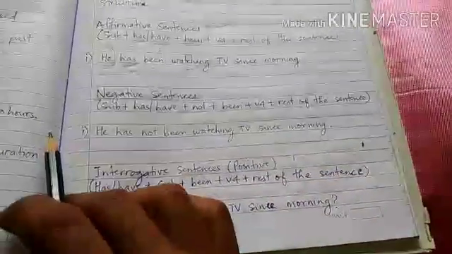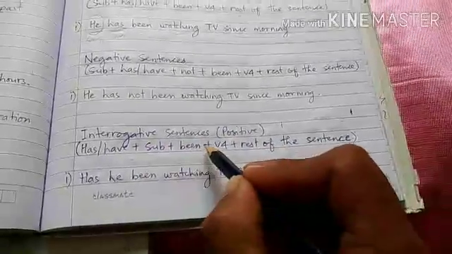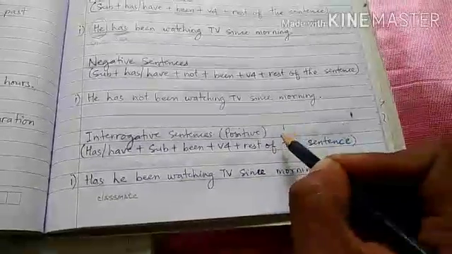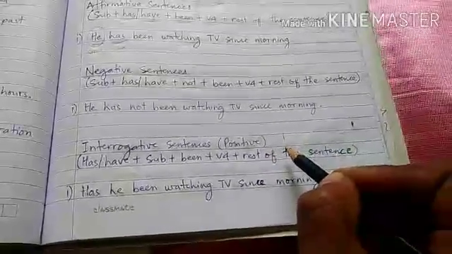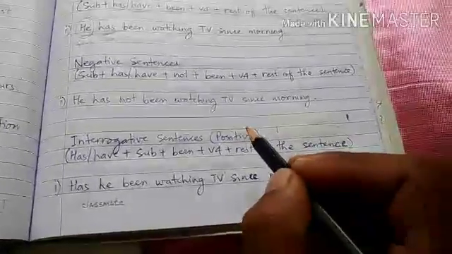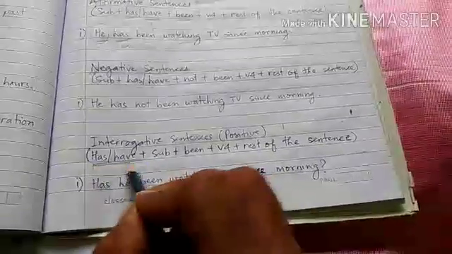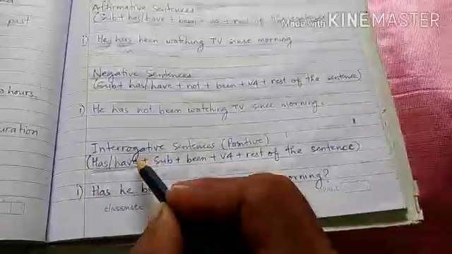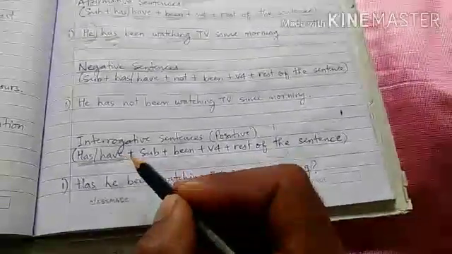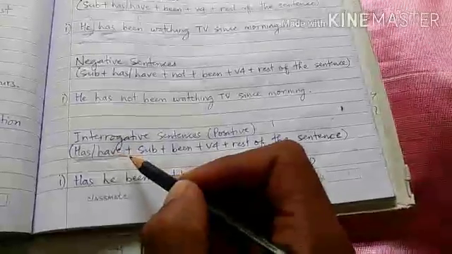Okay. Now the structure of interrogative sentences, positive interrogative sentences. I have told you that here we are learning to frame interrogative sentences by using the helping verbs. So what is the main helping verb here? Has or have. We have two main helping verbs here, has or have. When we make interrogative sentences, helping verbs are used at the beginning of the sentence and the subject comes after the helping verbs.